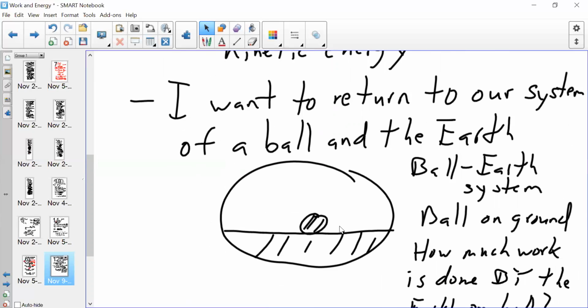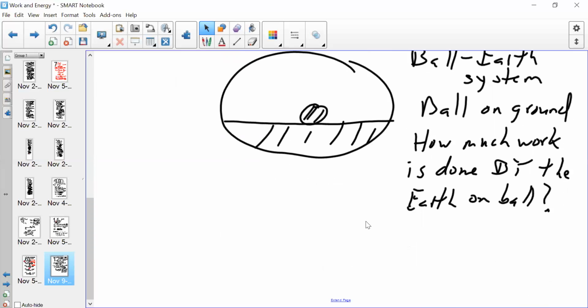There's no work done by the Earth on the ball or the ball on the Earth. This is another explanation of Newton's first law in terms of work. The net work is zero, the net force is zero, object at rest stays at rest. So zero work done.